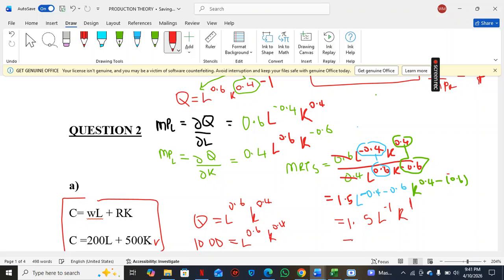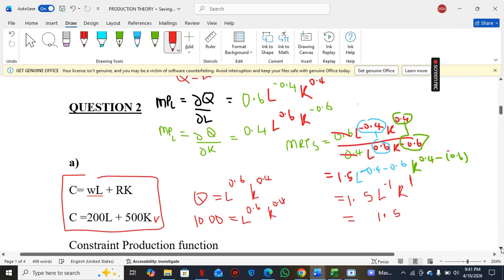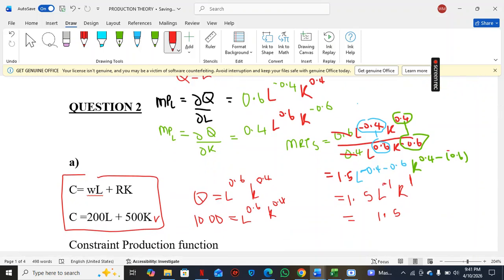So you're going to get 1.5. Since L is to the power negative 1, it will come at the bottom here. Then K is to the power 1, so our marginal rate of technical substitution is 1.5 K over L. Okay.